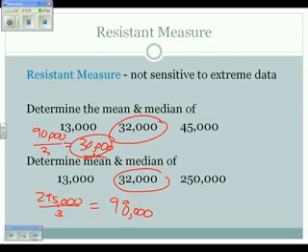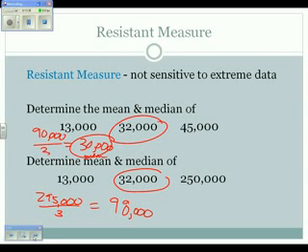So it's not always going to be the case that the median will stay the same, but oftentimes the median will stay the same if you've only changed 1 or 2 data values. So you can have extreme data and the median's not going to be nearly as affected as the mean.